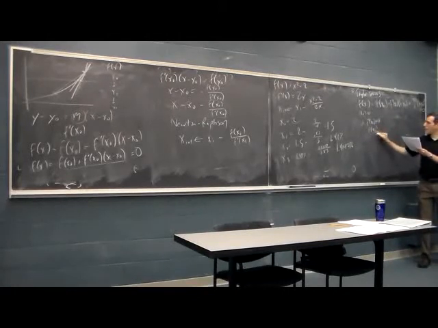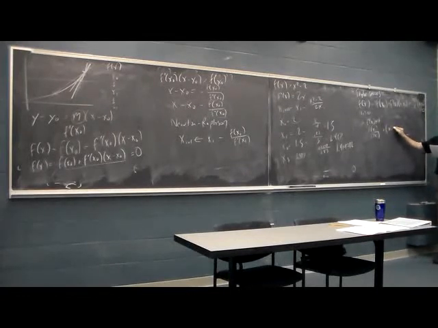F of xi over f prime of xi plus x minus xi plus f double prime of xi over 2 f prime of xi, x minus xi squared is equal to 0. So just dividing through by this, which I have asserted here is non-zero. And then we're going to do some rearrangement here.